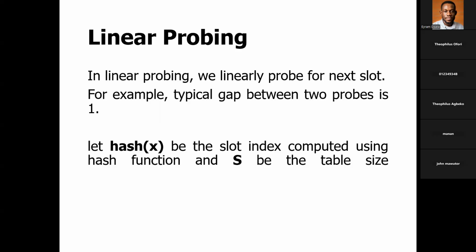So the first is linear probing. The example we just saw concerning open addressing, with the insertion approach, is known as linear probing. In linear probing, we linearly probe for the next slot. For example, a typical gap between 2 probes is 1. So let hash of x be the slot index computed using the hash function, and s be the size of the table.